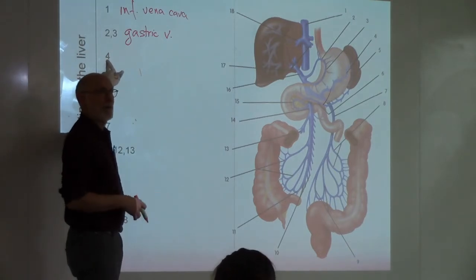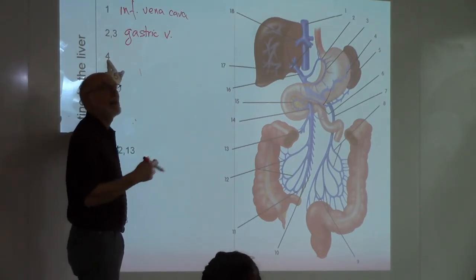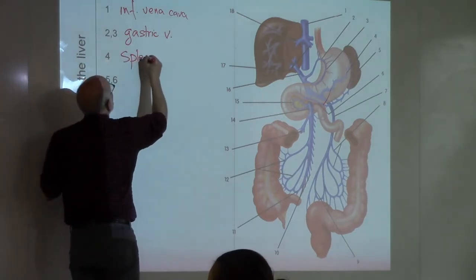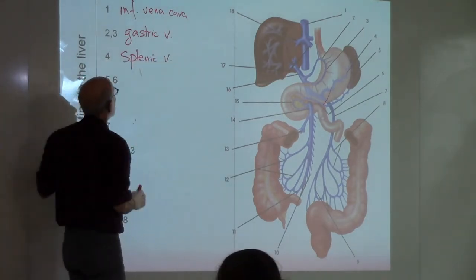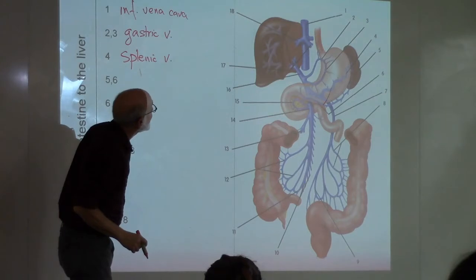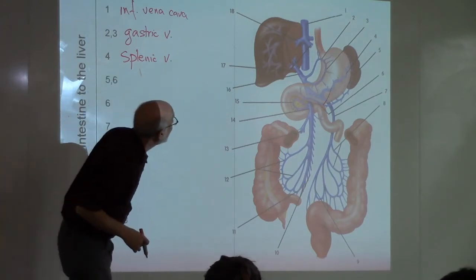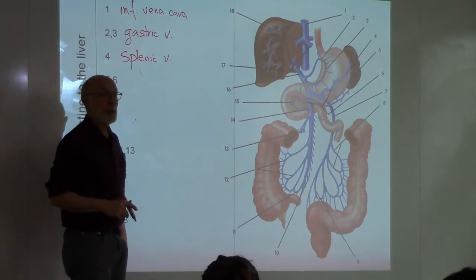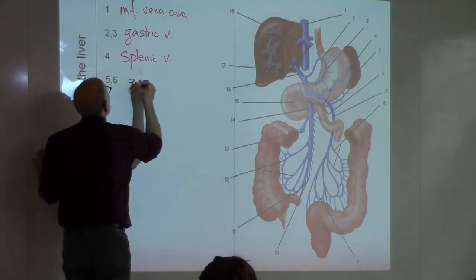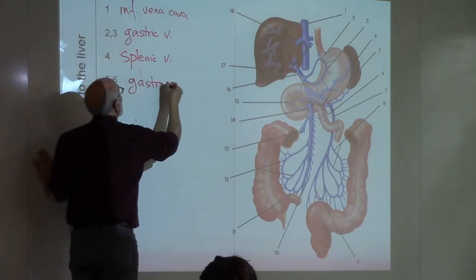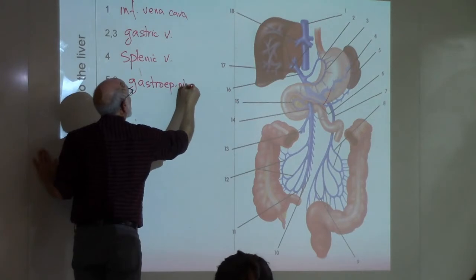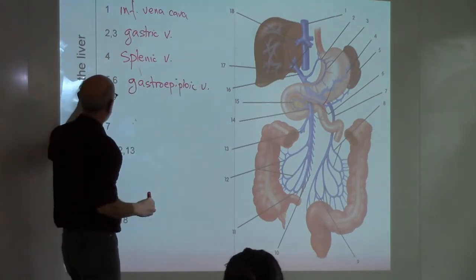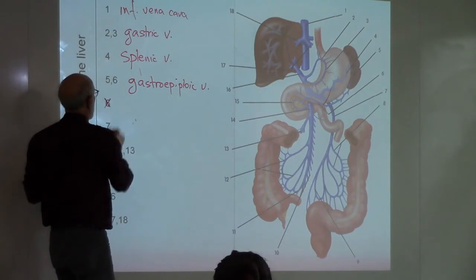So what organ is it coming from? The spleen. So this is the splenic vein. 5 and 6. I think you already said the name of 5 and 6. Gastroepiploic, left and right. I don't know why I did this. Okay, so that's a typo.